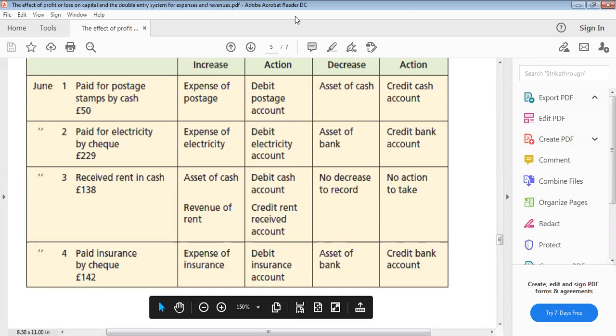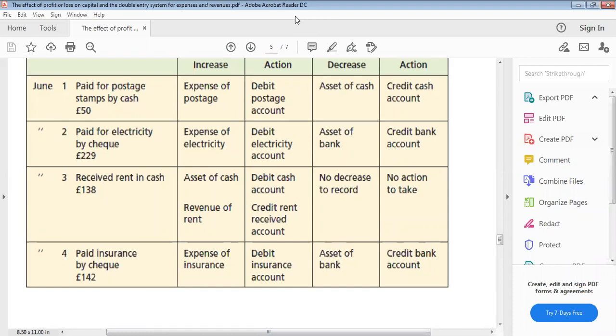So you already have a cash account, right? Good. But you don't have any rent received account yet. So you're going to create a rent received account now. Follow me? All right, let's look at it now.